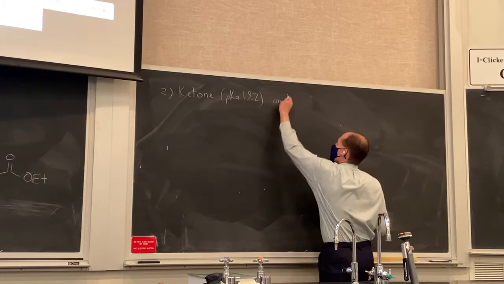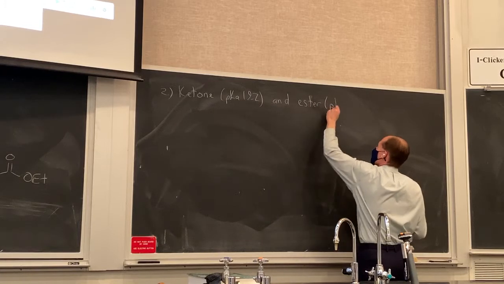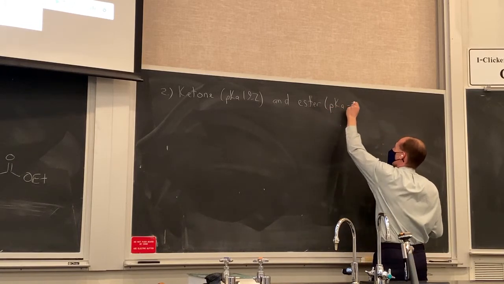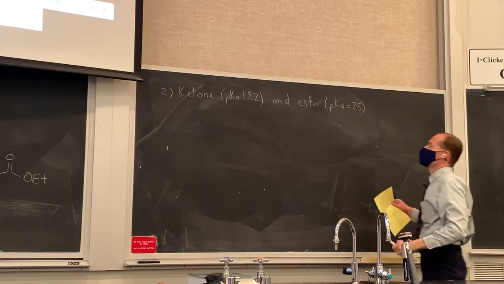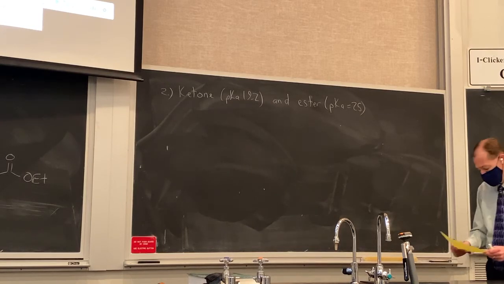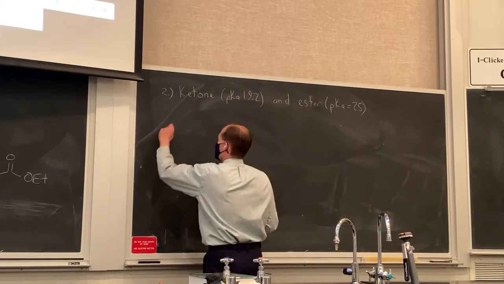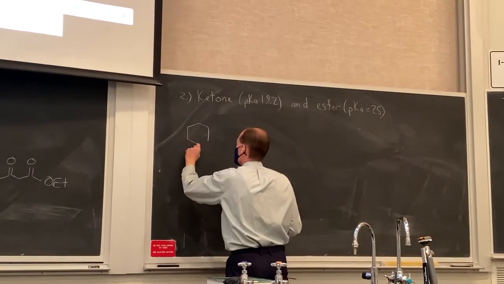And then the standard value for the pKa of an ester is 25. Okay? So that almost 6 order of magnitude difference means that we can form a ketone enolate in the presence of an ester. And that will allow us to perform a crossed Claisen reaction.